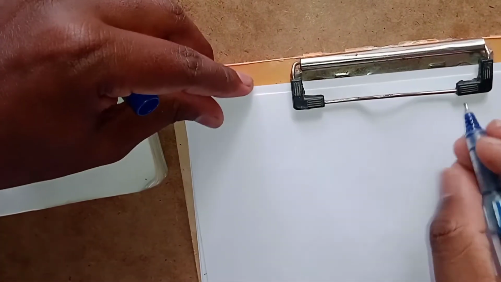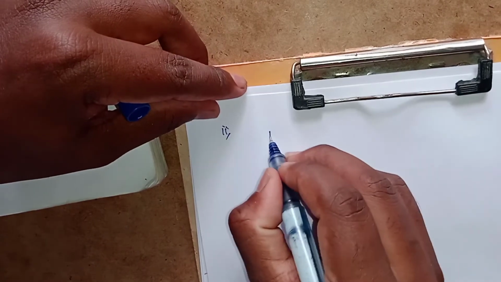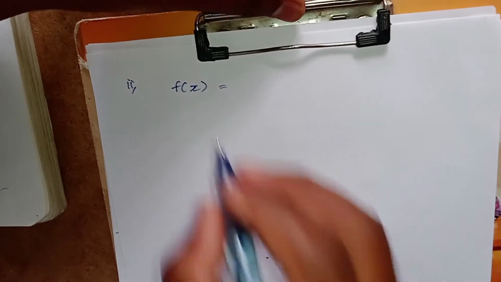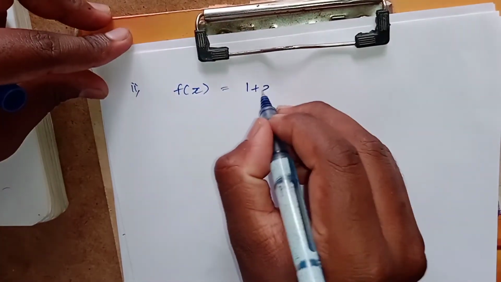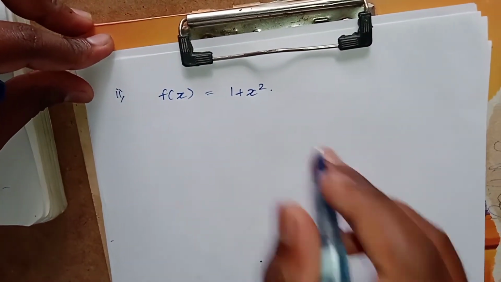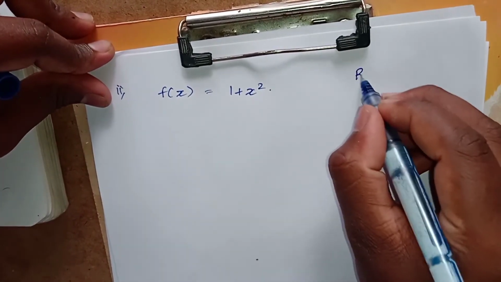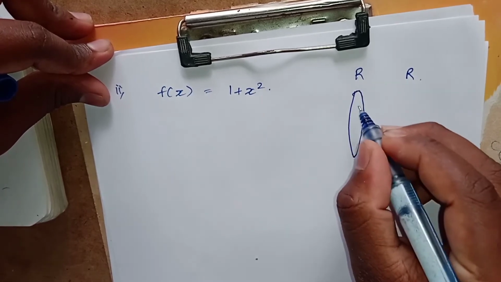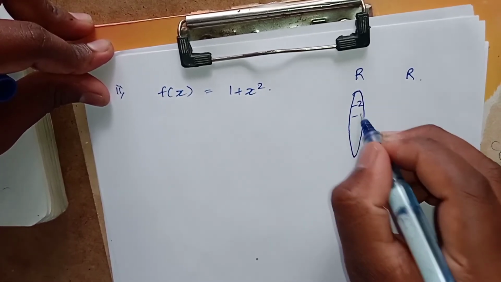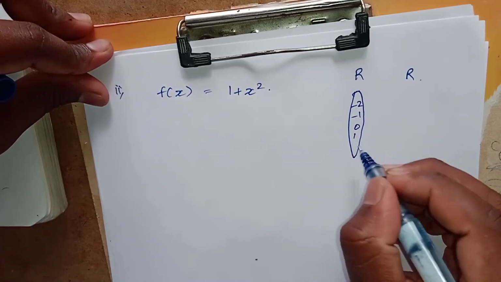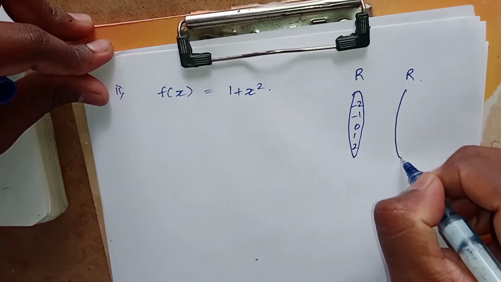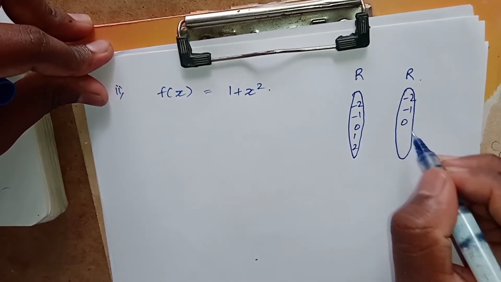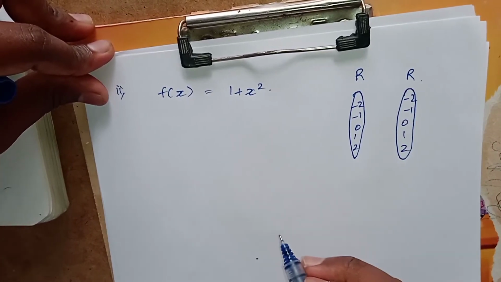Here also, given f of x equal to 1 plus x squared. Real numbers to real numbers, I am taking only a few examples: minus 2, minus 1, 0, plus 1, plus 2. Here minus 2, minus 1, 0, plus 1 and plus 2.